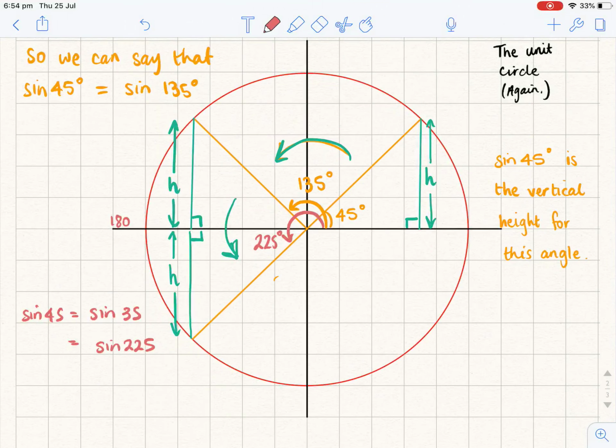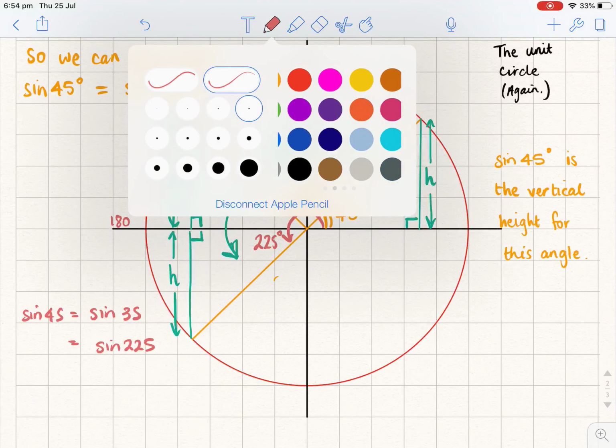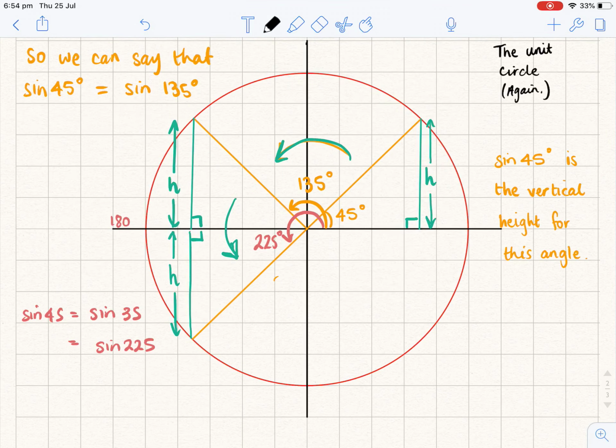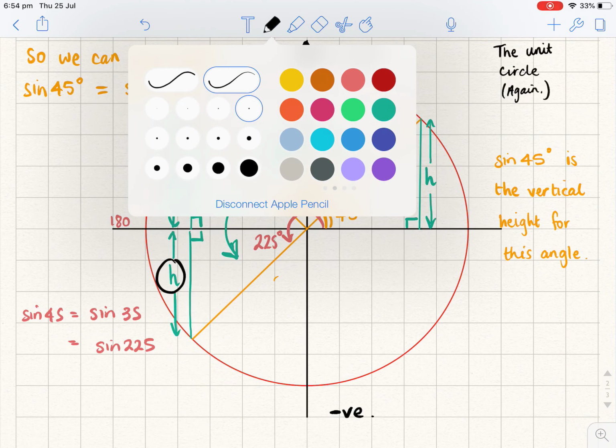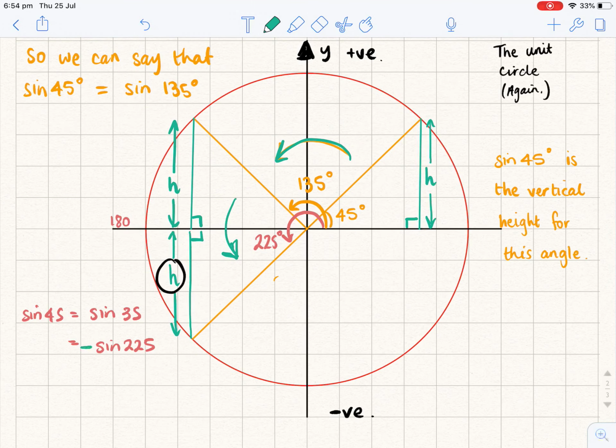The only difference is when we go back to our Cartesian plane, we know if this is the y-axis, then this is the positive end, and this is the negative end of the y-axis. So this height won't be positive, it will be negative sine of 225.